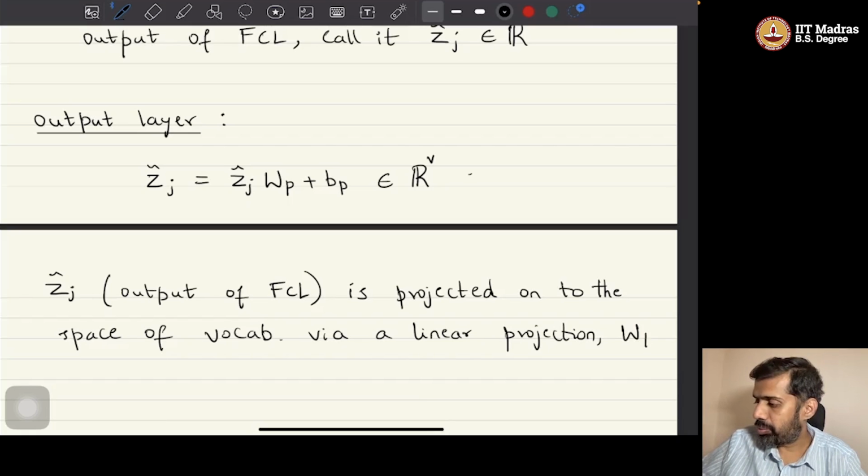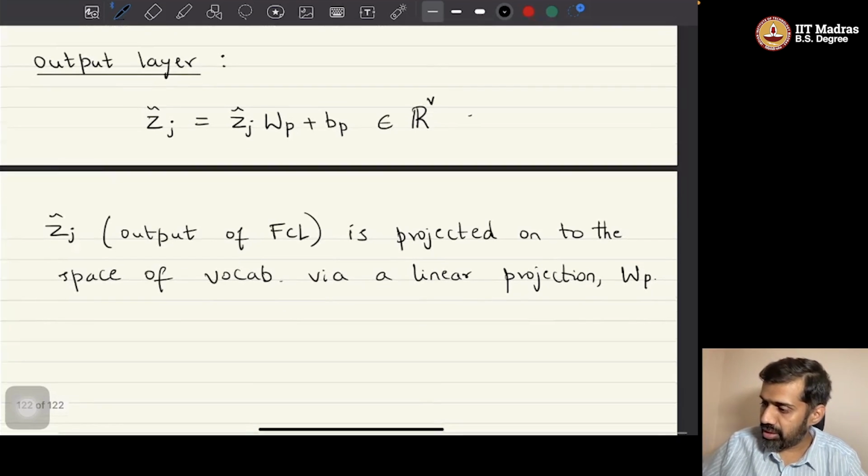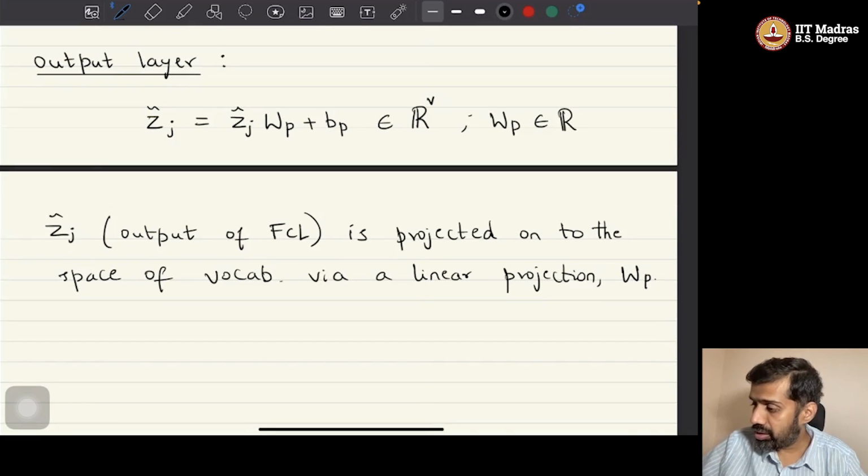That is Wp. Now, what is the dimensionality of Wp here? The matrix Wp should be in R^dm, because that's the input that it gets, and it will project to the space of V.